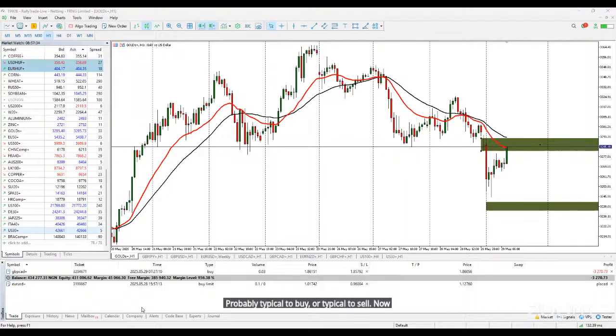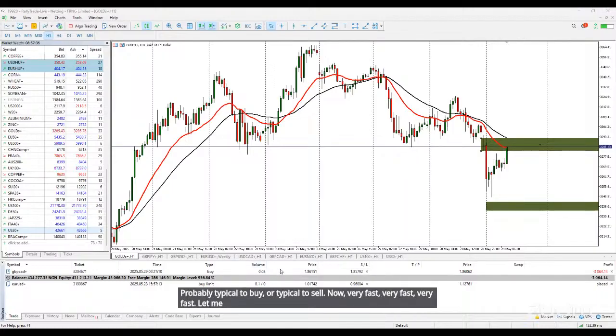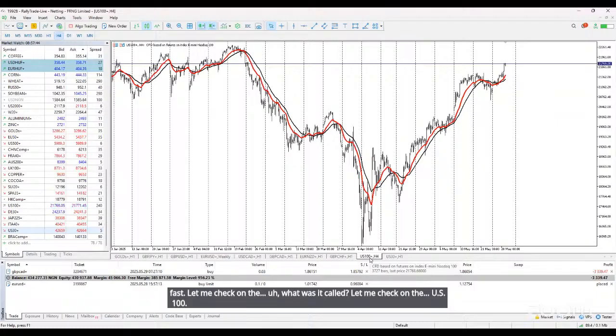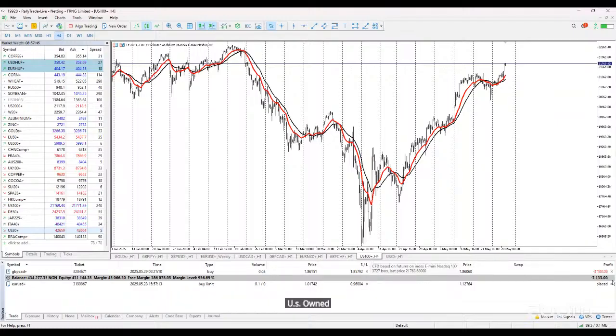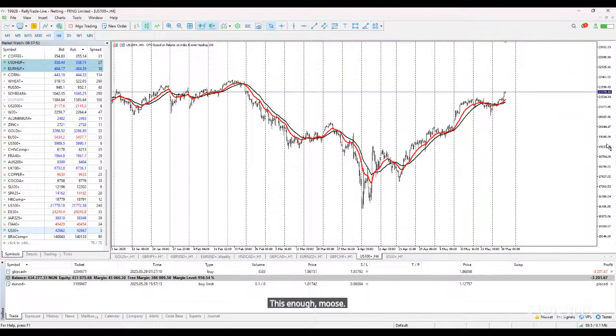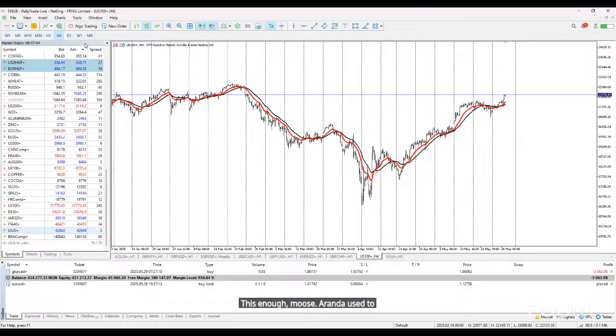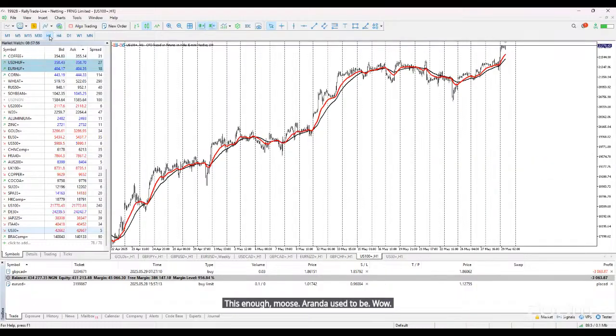Now, very fast, let me check on US 100. I checked this yesterday. This thing has moved. Wow.